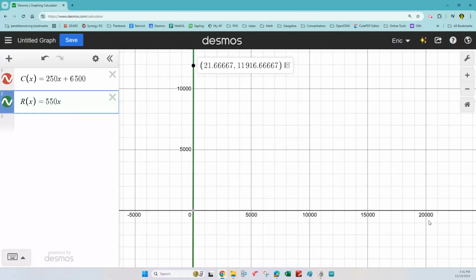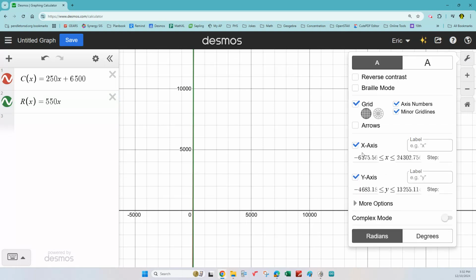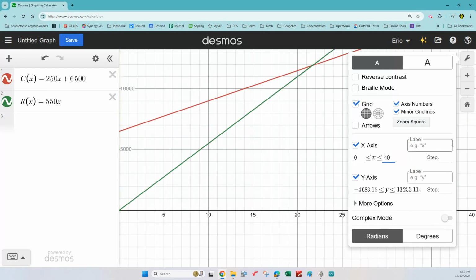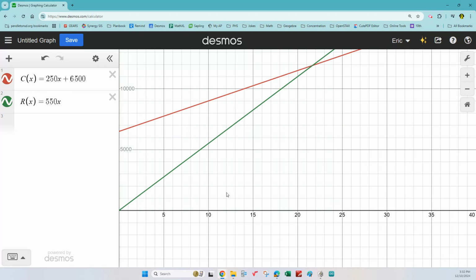No. So all I'd have to do to make this graph look a lot better is go into the wrench, to the graph settings, and go down to the X values and choose new ones. I'm just going to start at X equals 0 and end at X equals like 40. And look what that did. When I change the X scale like that, it makes it really obvious that that's the intersection.